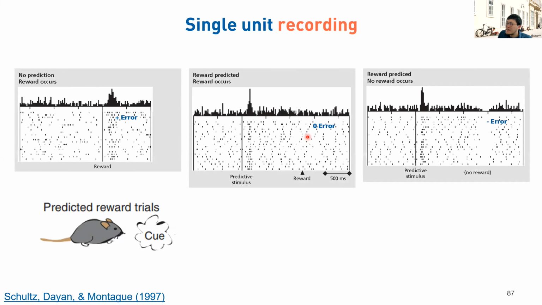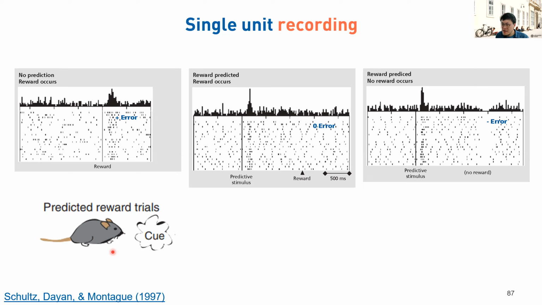In this particular case, I won't go into too much of the details. There's a learning task, Pavlovian learning. There's a cue, and the mouse is trying to associate the cue with the outcome. So in the beginning, the cue is not associated with anything. And then during training, if they see the cue, they will receive a reward.